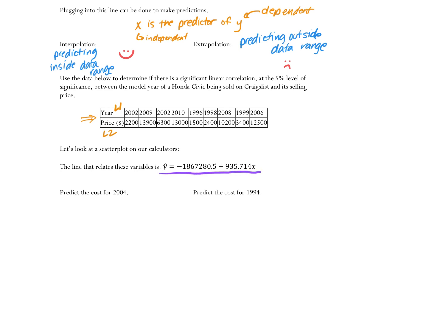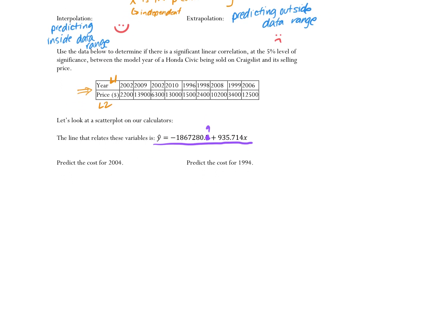Here's my equation. When I typed this, I saw the 952 and didn't see the 9, so let's change that to a 9, but we have the right idea here. Instead of saying y hat, I might say price hat.